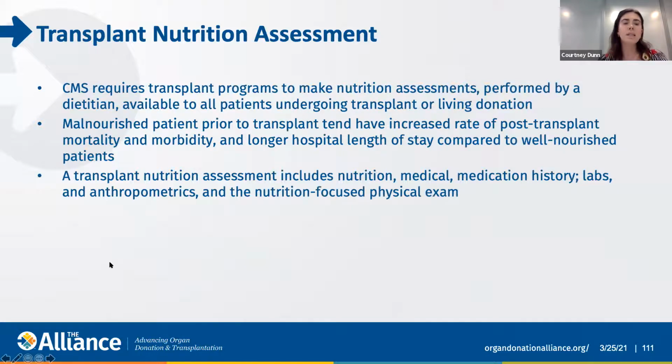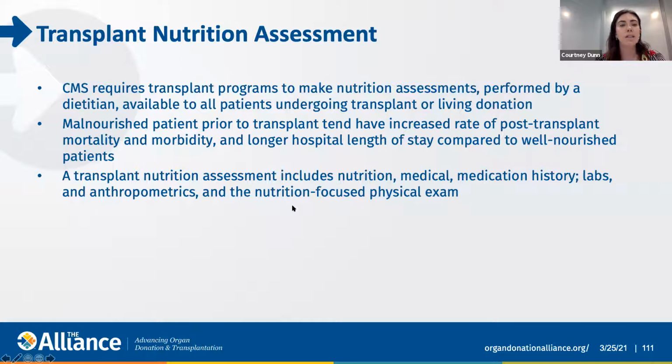So the transplant assessment. CMS requires all transplant programs to make nutrition assessments available to all patients undergoing transplant or living donation. And malnourished patients prior to transplant tend to have an increased rate of post-transplant mortality and morbidity, and longer hospital stays compared to the patients who are well-nourished before transplant.